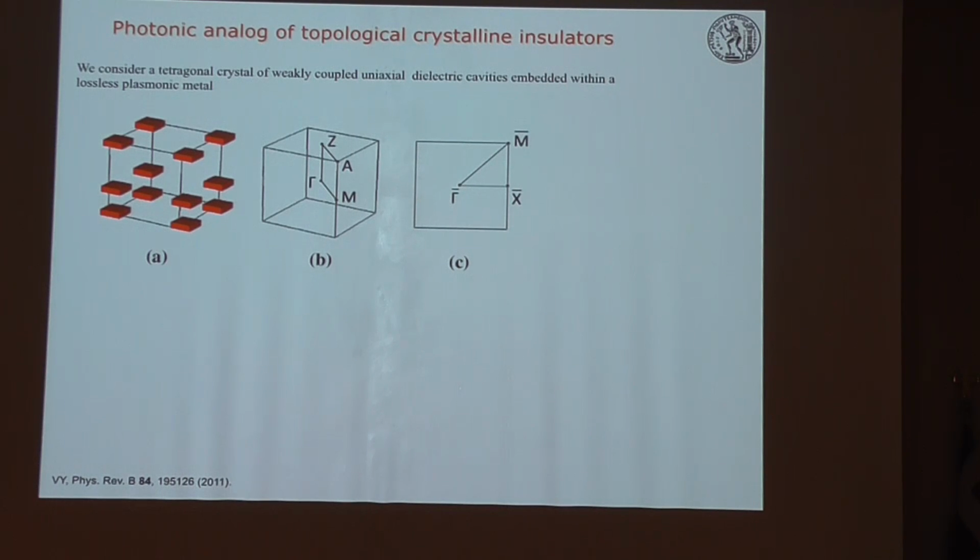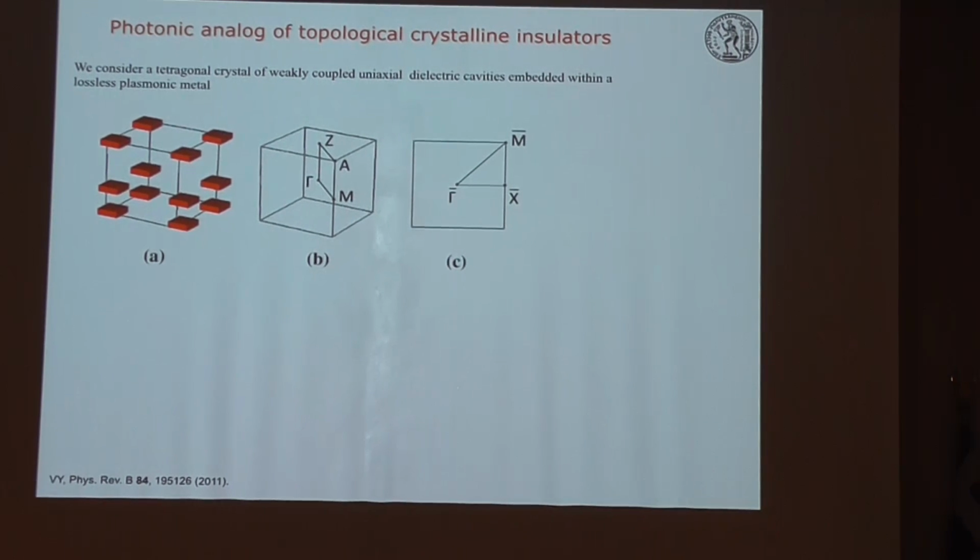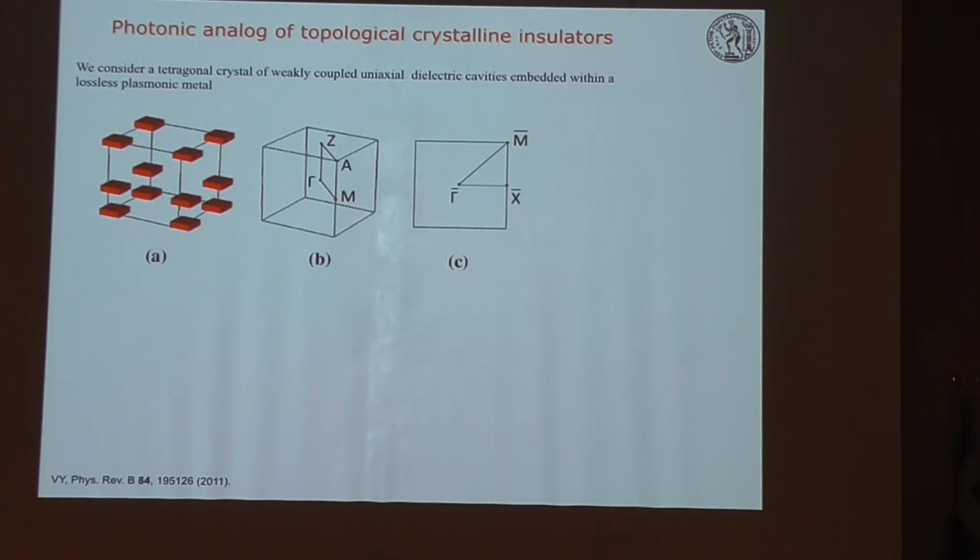This is the exact transfer from the electronic to the photonic problem. Because for photons it's difficult to have actual bound states. You mostly have virtual bound states, so in order to have actual bound states of the electromagnetic field and copycat the tight binding formalism, you need to have a photonic insulator, which is a plasmonic material.